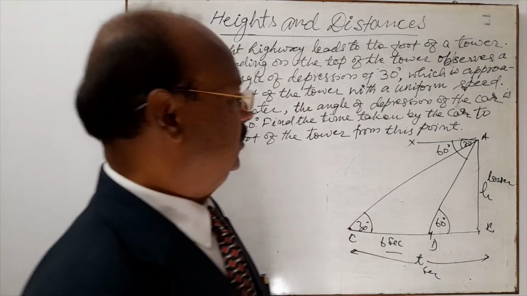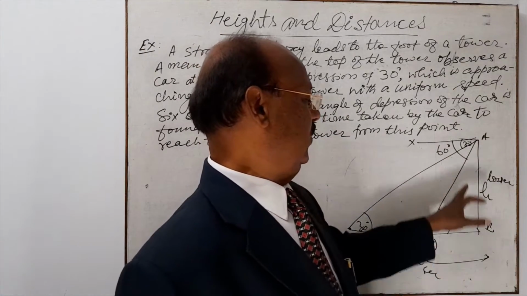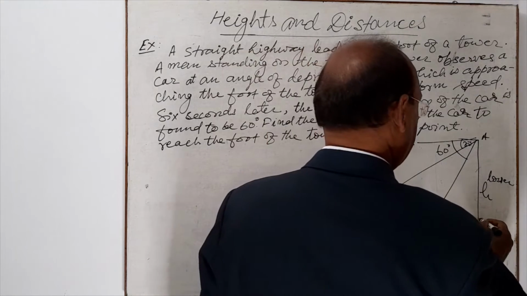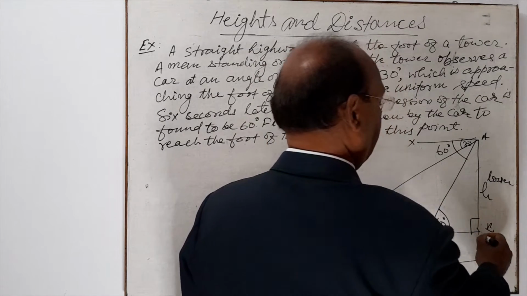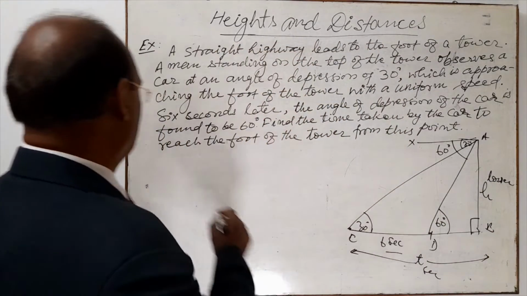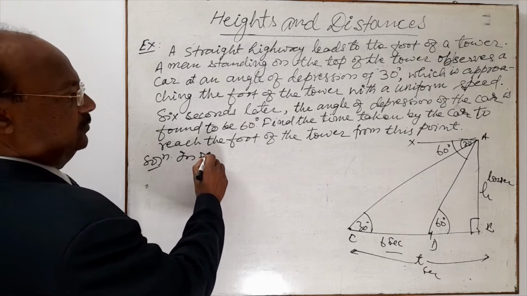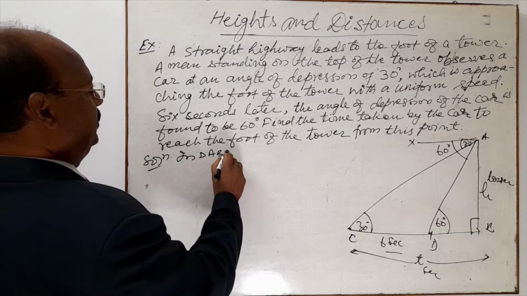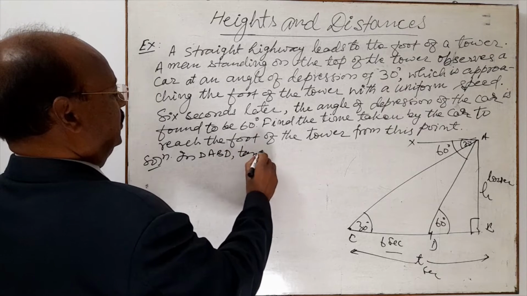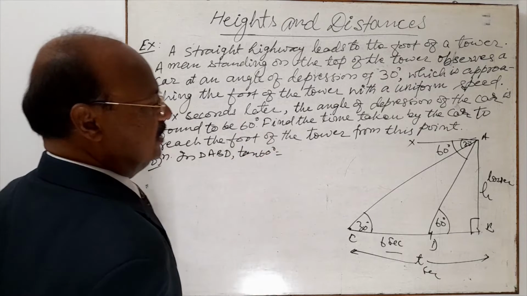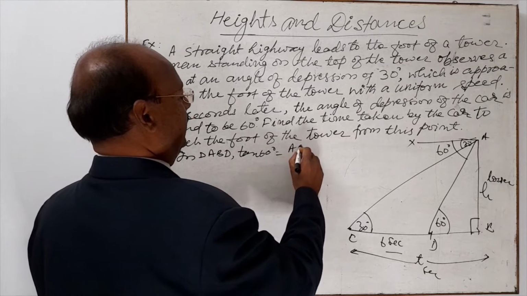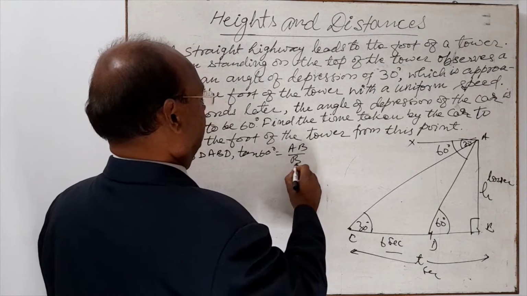Correct? Now in this right angle triangle ADB, you know this angle at the foot of the tower is 90 degrees. So in triangle ABD, we can write tan of 60 degrees is equal to perpendicular AB by base BD.